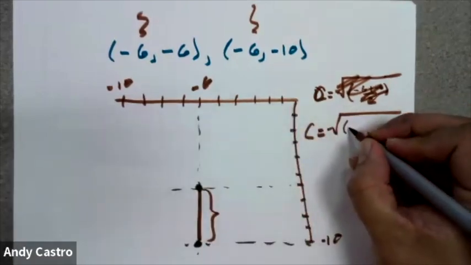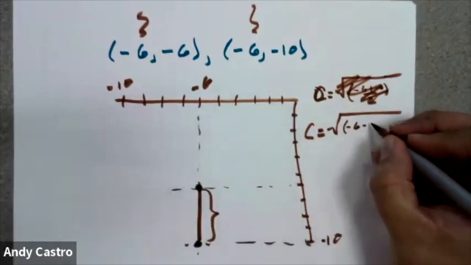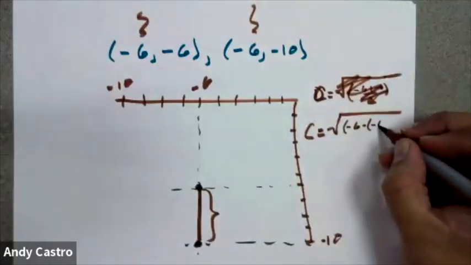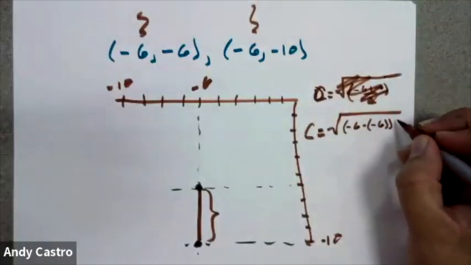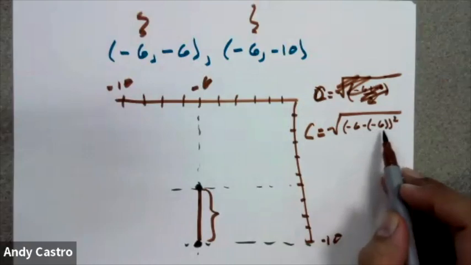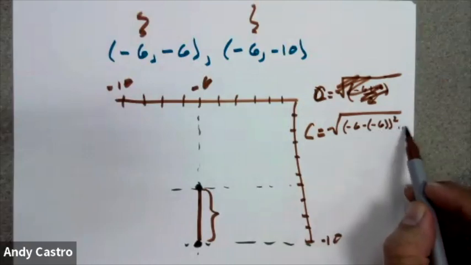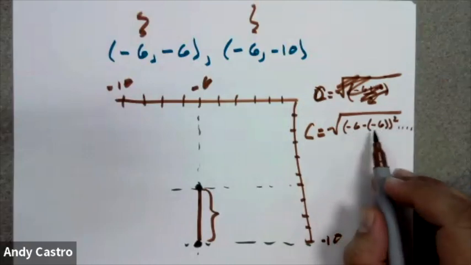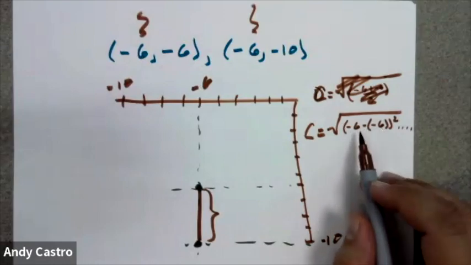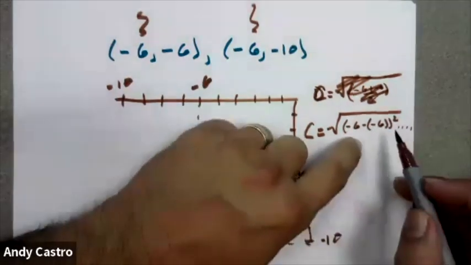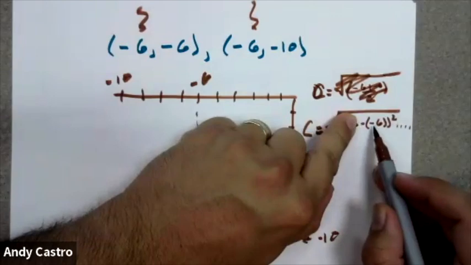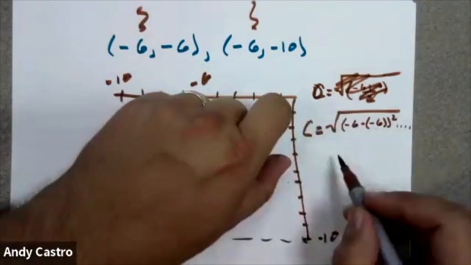So x2 is -6 minus x1, -6, and then that quantity squared. So -6 minus -6, and obviously you're going to have the y part over there. But these two are going to cancel each other, because minus a negative right here is a plus.